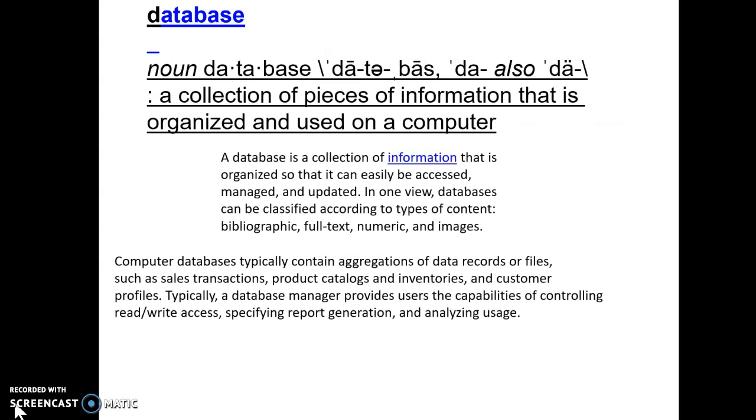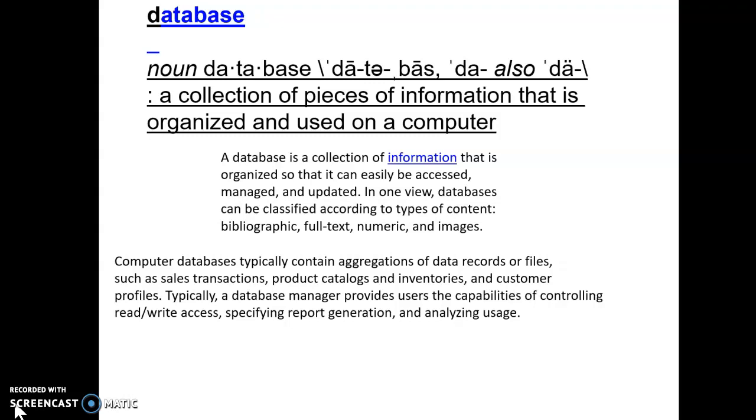Now, this is taking a step back from customer databases. We are going to talk about customer databases, but there are databases that have nothing to do with customers. In this case, a database is a collection of pieces of any kind of information that is organized and used on a computer.